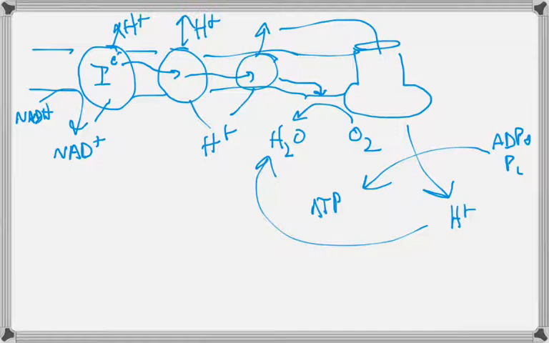If this shuts down, you can't get oxidation of NADH to NAD. And then there's no available NAD to allow the Krebs cycle to occur. So if this shuts down, the previous step has to shut down as well.